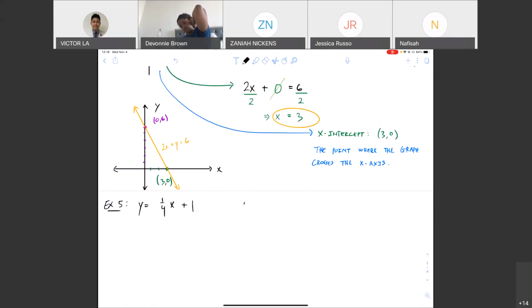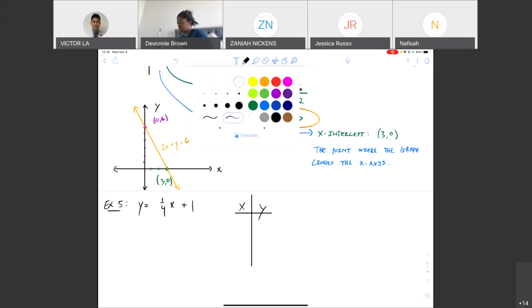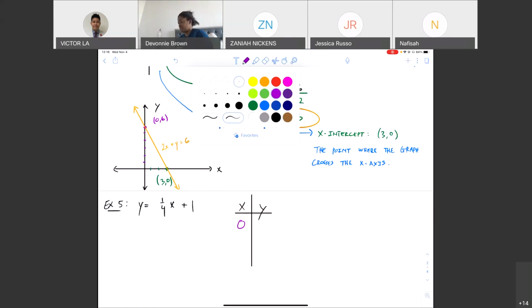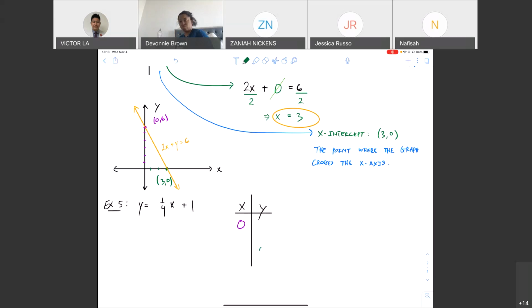We go xy chart. Use your colors, doesn't matter what color you want. So just remember, if you put a 0 for the x, you're finding the y-intercept. If you put a 0 for y, you're finding the x-intercept. And again, I'll take the time to write out the equation.